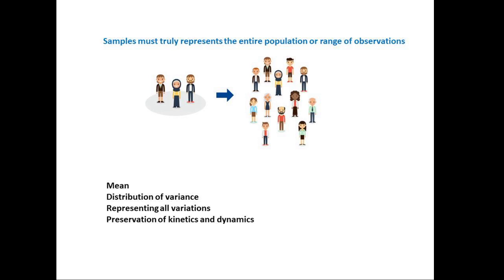For example, the rate of mortality due to a certain disease, let's say cancer. If in your population the median age of death is 65 years, your sample should also have the same value.